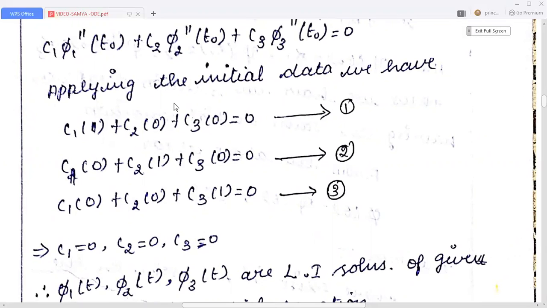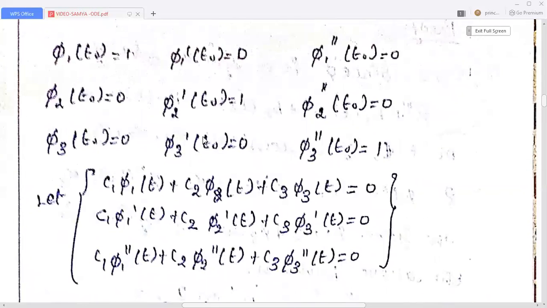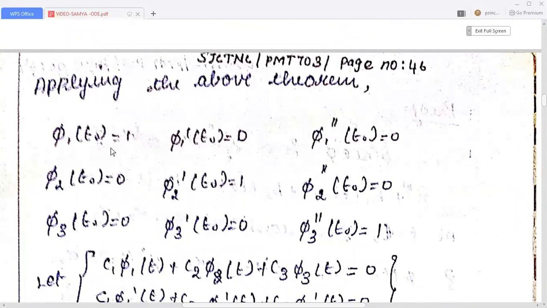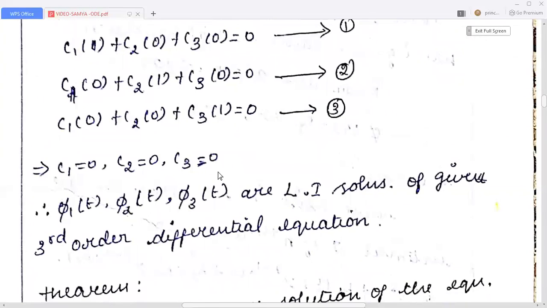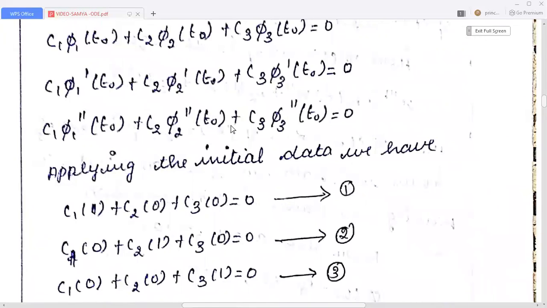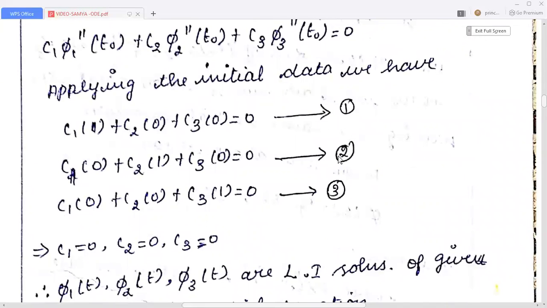So this can be represented in a unit matrix form: 1 0 0, 0 1 0, 0 0 1. This can be taken from the initial data that we have prescribed. So when you apply this initial data, we get the three equations 1, 2, 3.